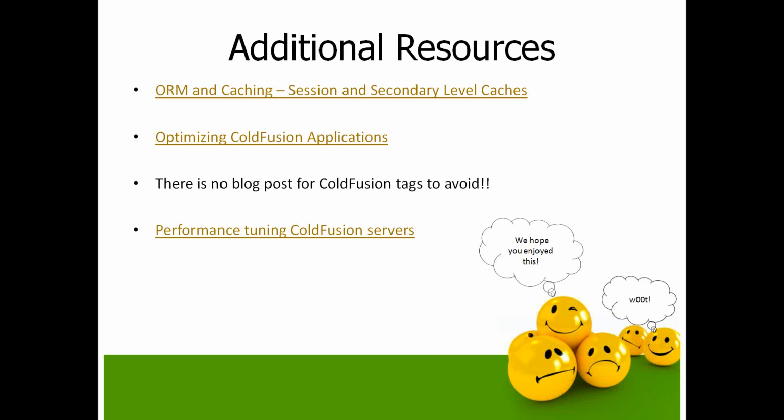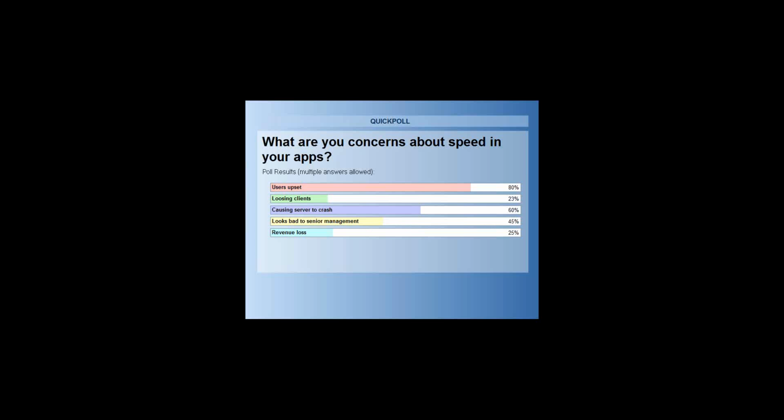So I'll close this in 3, 2, 1, and sounds like upset users or crashing servers are the main thing, closely followed by looking bad to senior management. Yeah, those are all good reasons to have a faster app.